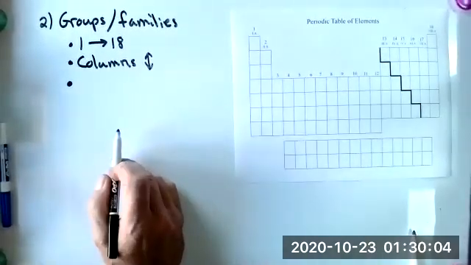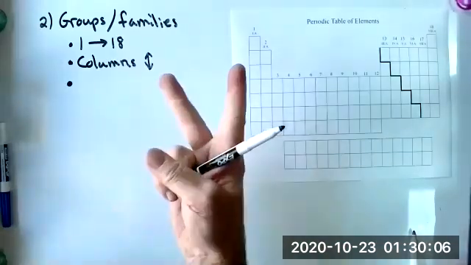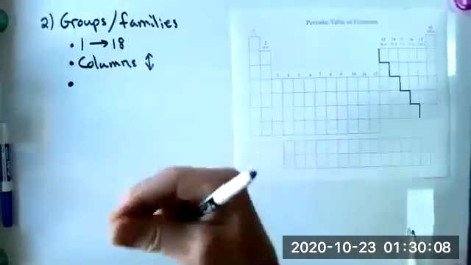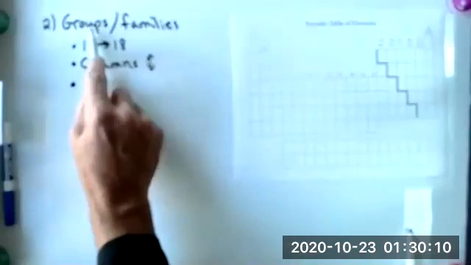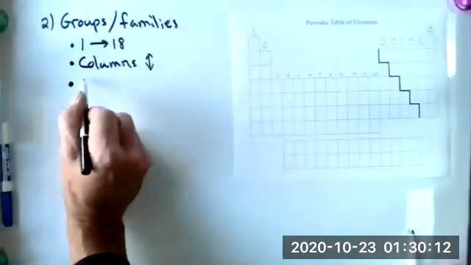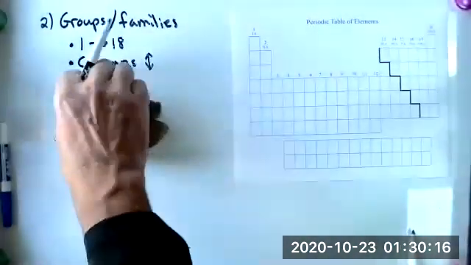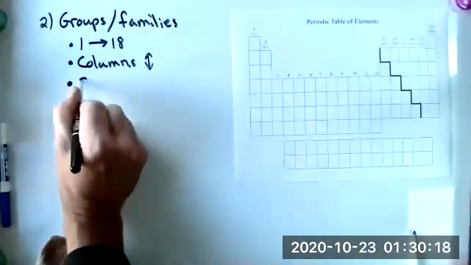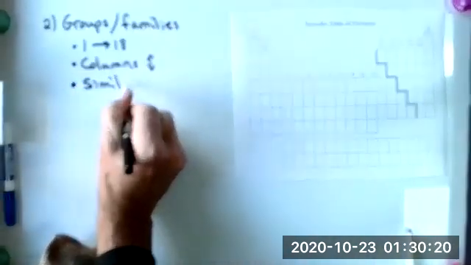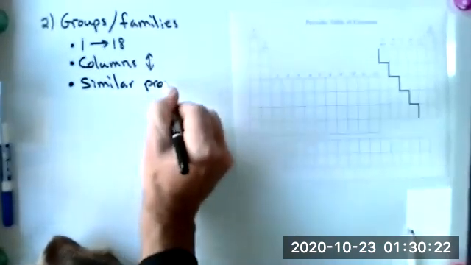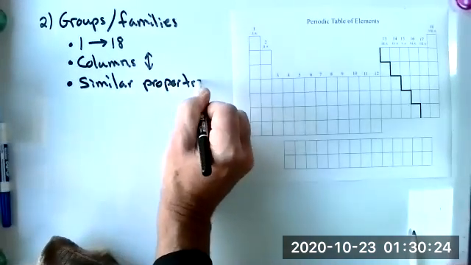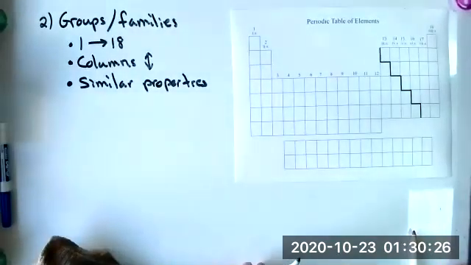If you've got 2 different elements in the same column, same group or family, they have similar properties. Which means they'll behave the same way.